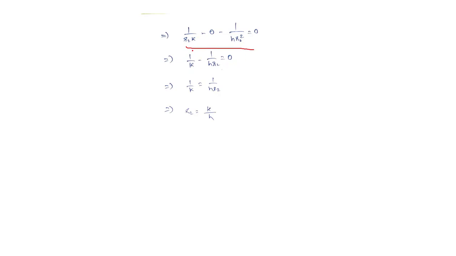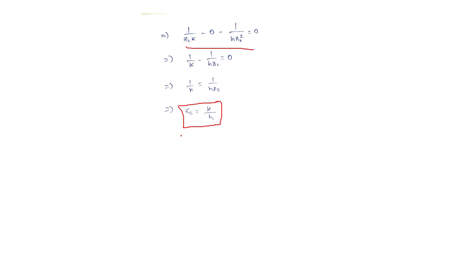Now we can simplify this equation: 1 upon k minus 1 upon h R2 is equal to 0. So our final radius R2 is equal to k upon h, where k is the thermal conductivity and h is the convective heat transfer coefficient.